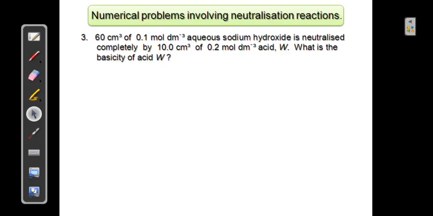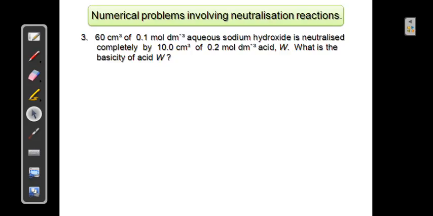Alright, so here read the question again. 60 cubic centimeter of 0.1 mole of aqueous sodium hydroxide is neutralized completely by 10 cubic centimeter of 0.2 mole per cubic decimeter of acid W. So here look at the figures.